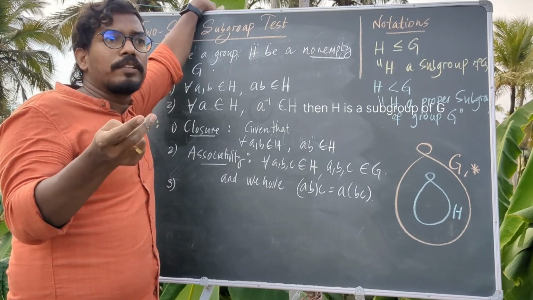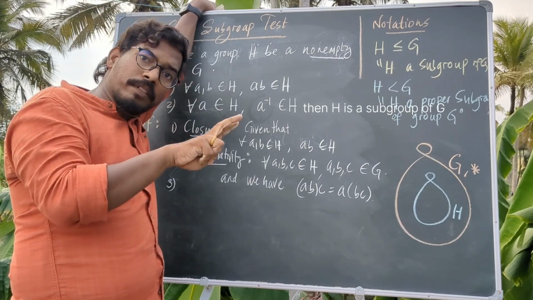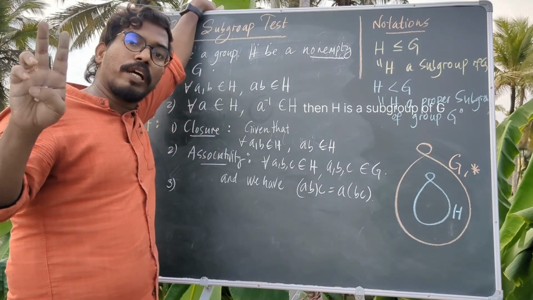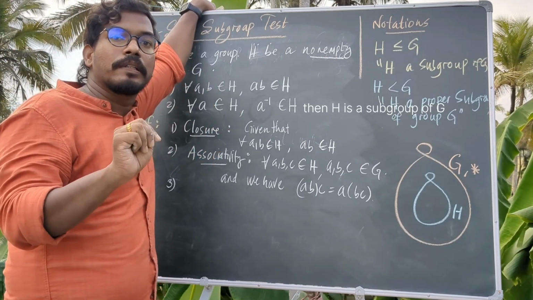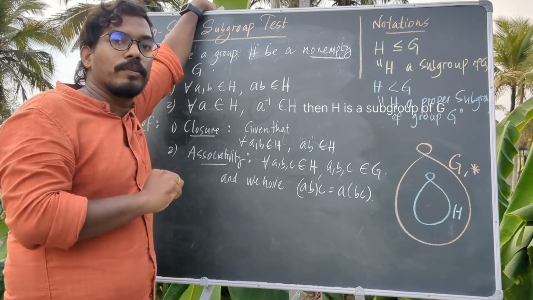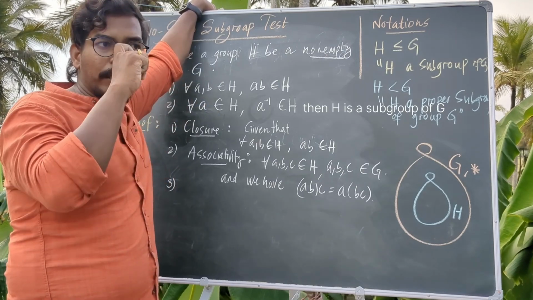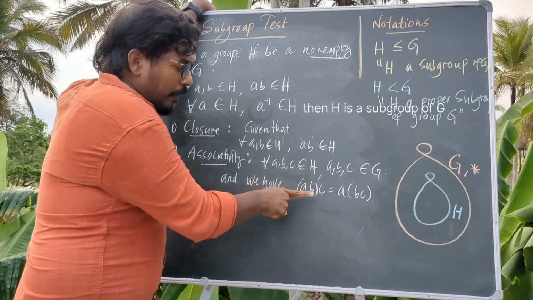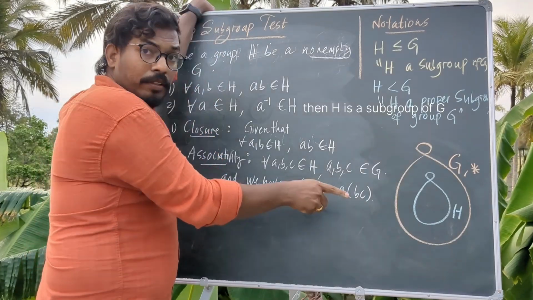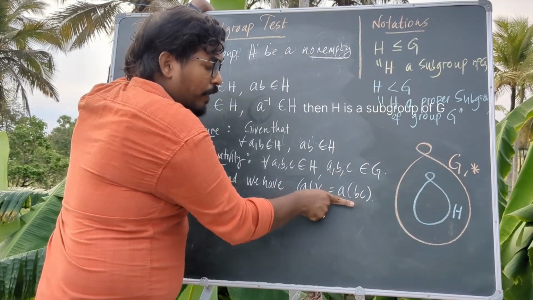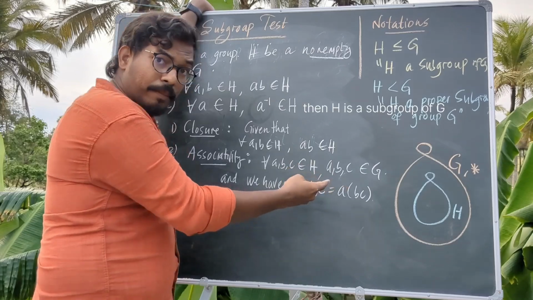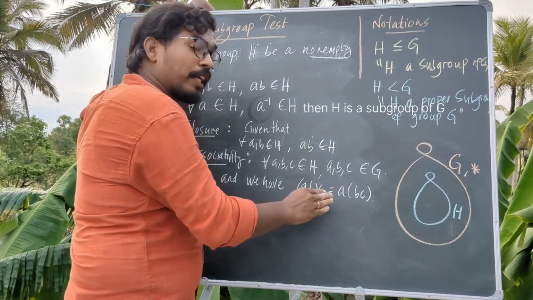Like in commutativity, we have AB and we have BA. We are just checking if they are same or not. If that is the case, then commutativity. Or associativity, this is same as this one. So to show that two elements are same, we must have those elements prior to that.